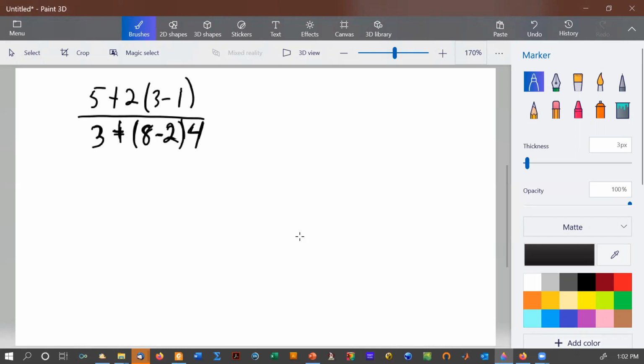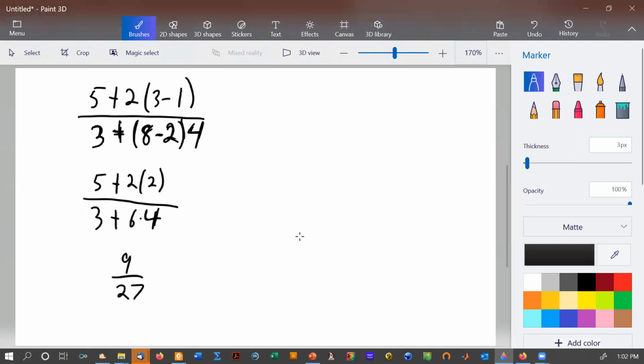So again, we'd have 5 plus 2 times 2 over 3 plus 6 times 4, right? So you would get 9 over 27 again, or 1/3, right? So you can get there the same way, just remembering that this fraction bar is the same as if you had parentheses around the numerator and the denominator.